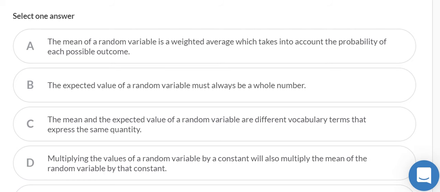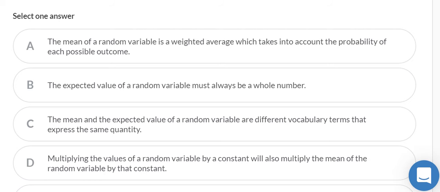B, the expected value of a random variable must always be a whole number. I think we have done some calculations in class where we calculated expected value. Go back in your notes and take a look at that. See if we were allowed to get numbers that were not whole, that maybe involve decimals.